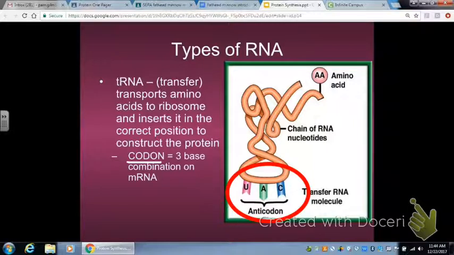So your anticodon will be complementary to the codon. That's like the transfer RNA having a specific docking position where it needs to bring its amino acid. So it has to line up. It can only insert its amino acid in one position, in one place. It can only deliver it to the codons that its anticodon matches up to.